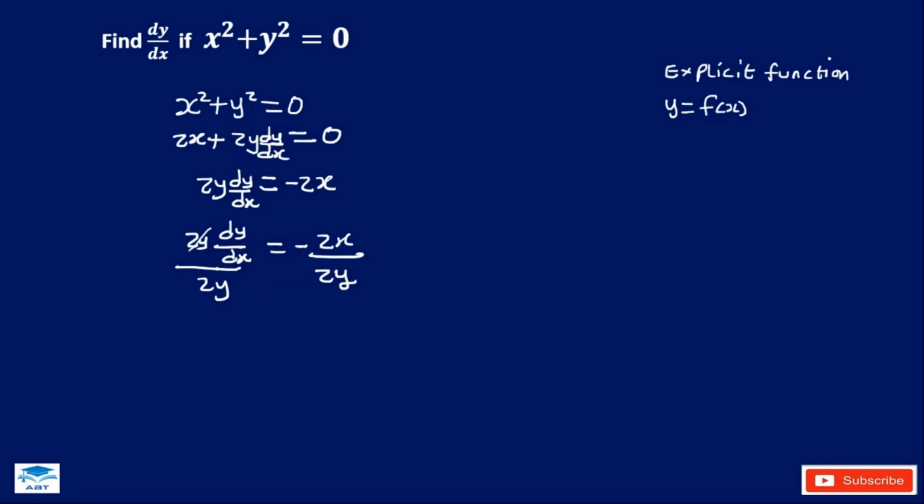So we can cancel 2y and dy dx is equal to, 2 can cancel out, so we have negative x over y. So to differentiate an implicit function, you differentiate every variable, but bear in mind that whenever you differentiate y, you multiply the result by dy dx, and after that you make dy dx the subject.